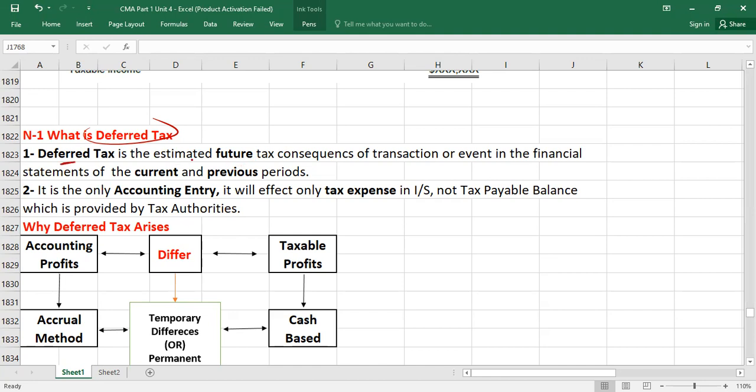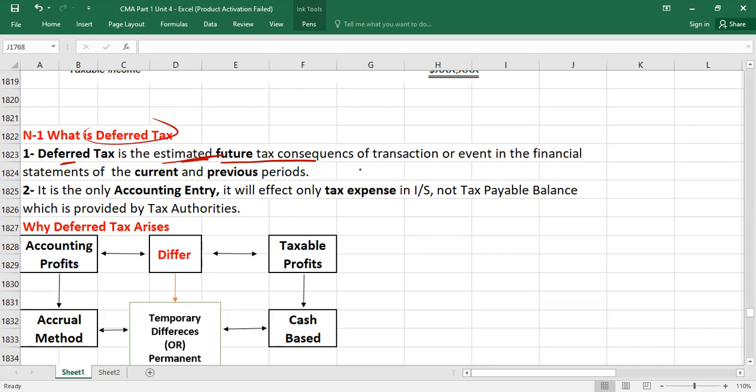Deferred tax is the estimated future tax consequences. Again, it's not actual, guys. Estimated future tax consequences means either you would pay in the future or you would receive. If you would pay in the future, should it be an asset or a liability? Liability. If you would receive in the future, asset.